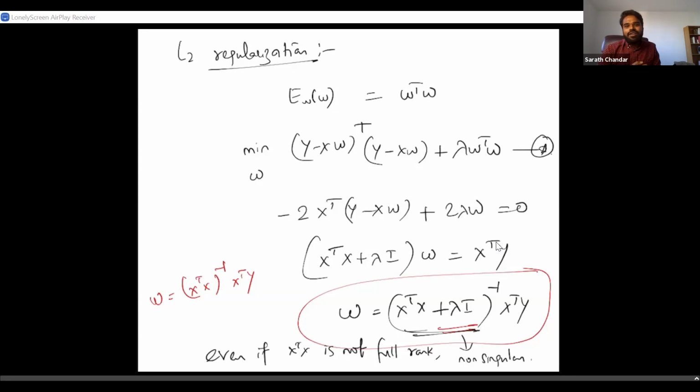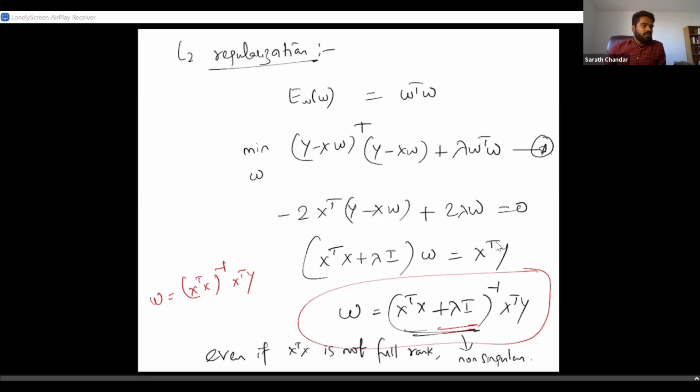This is the point we touched upon in the previous lecture, where I said you can do regularization to avoid the problem of not having a full rank matrix. How do we know that lambda I is invertible? As long as lambda is a positive value, you are adding a small positive value to the diagonal, and that makes the whole matrix non-singular.